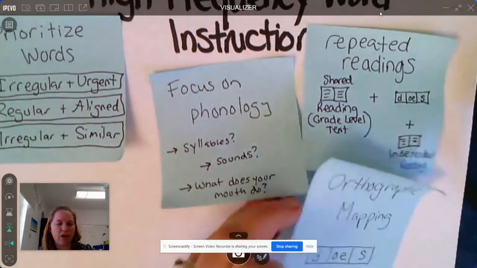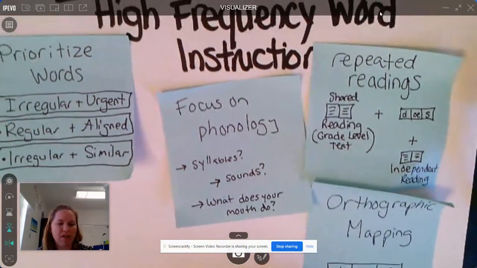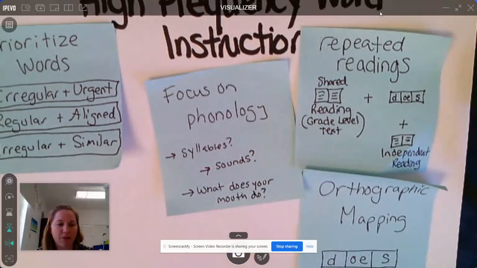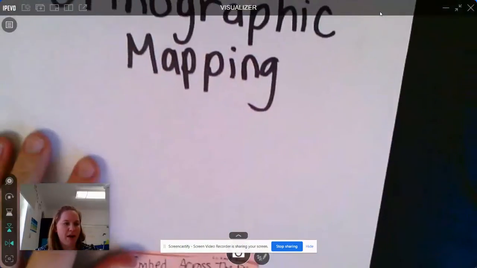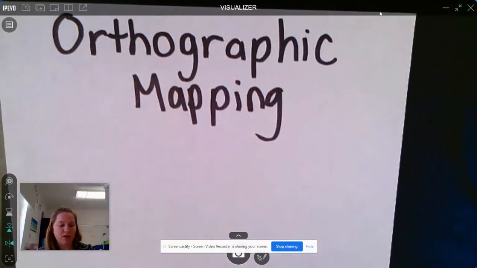And then the last thing, which we're going to talk about a little bit more in depth, is the idea of orthographic mapping, where you're talking about the sounds and showing how the sounds actually match to the letters on the page. So, orthographic mapping, what is this?